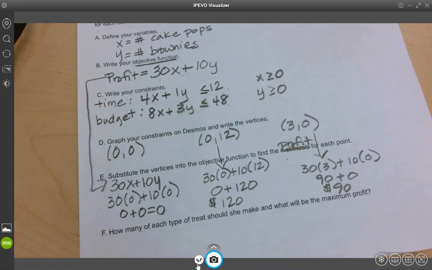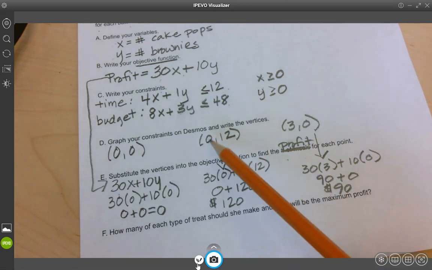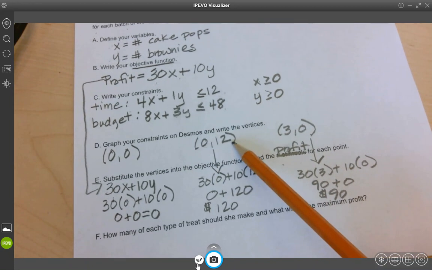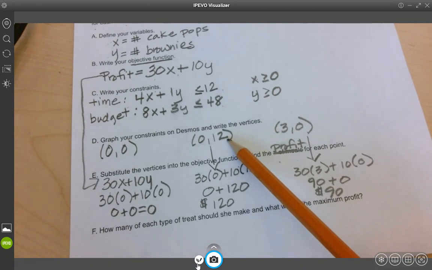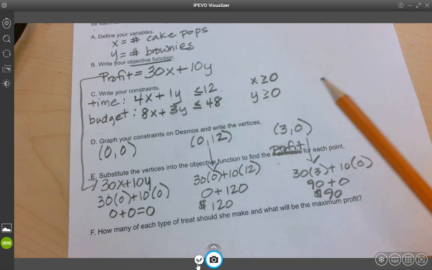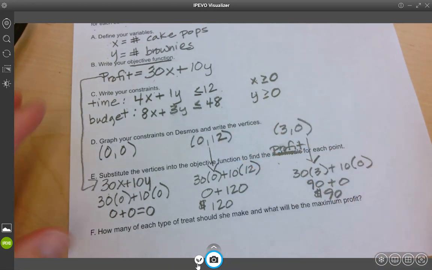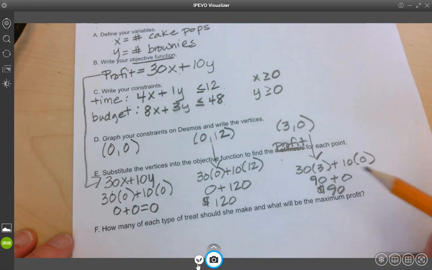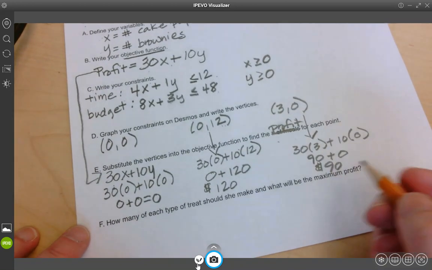And that one gives us 90. So how much is the maximum profit? What's the most you can make? $120. Good. Now looking back, 0 is the X and 12 is the Y. So she should make 12 batches of what? Brownies. And no cake pops, which is sad because cake pops are fun to make, but they took too long and they cost too much to make. So it turned out brownies were the best way to go.